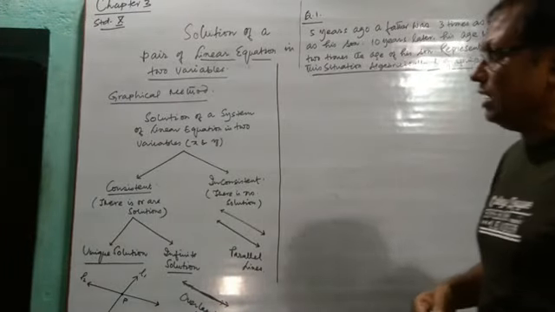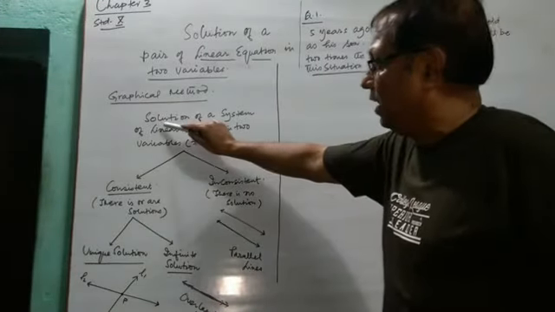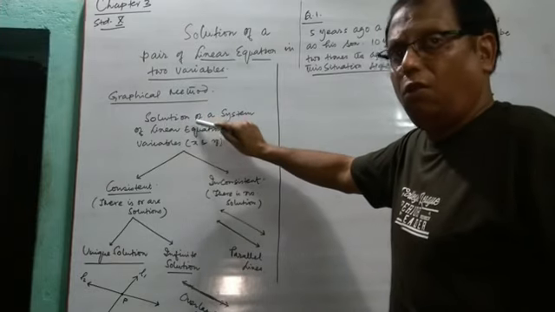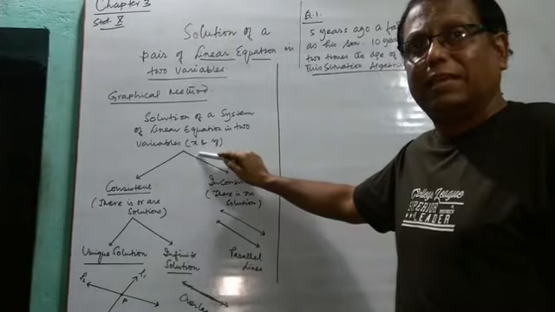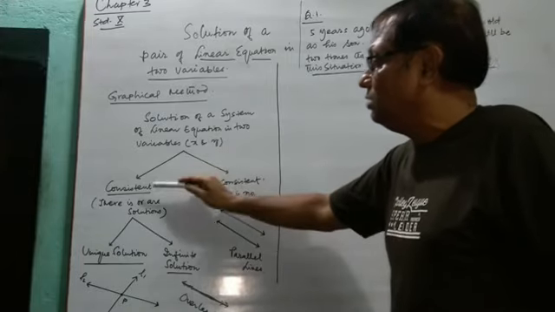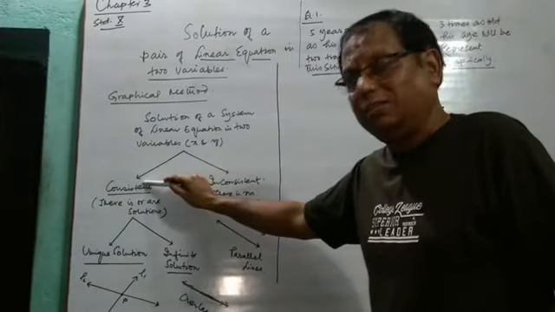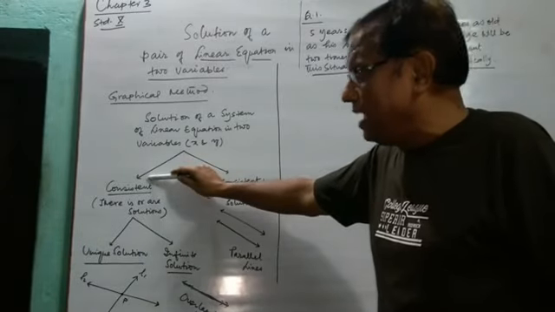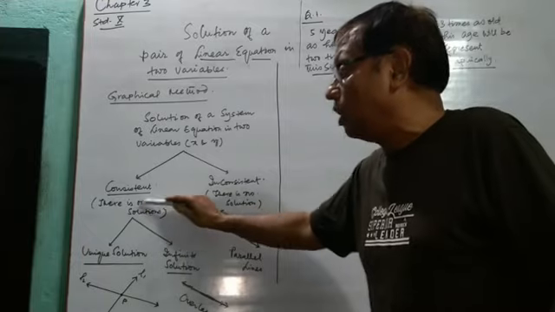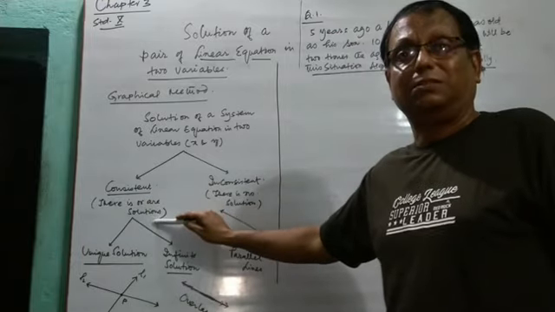Just see over here, the solution of a system of linear equations in two variables x and y is of two types, consistent and inconsistent. Consistent means there is a solution or there are solutions.